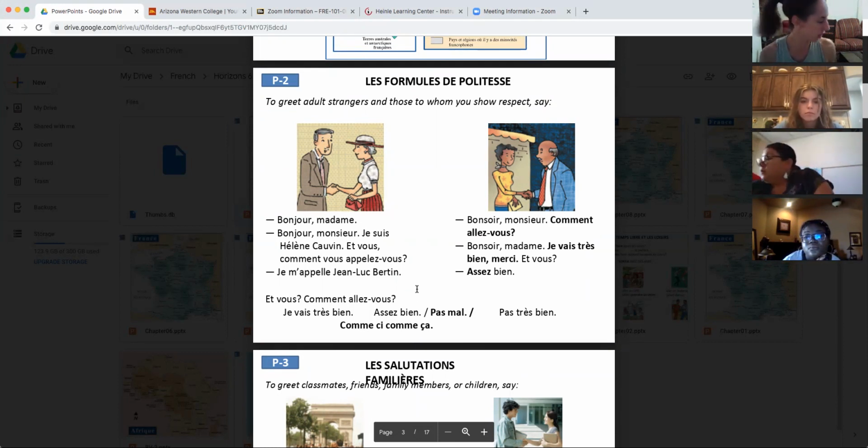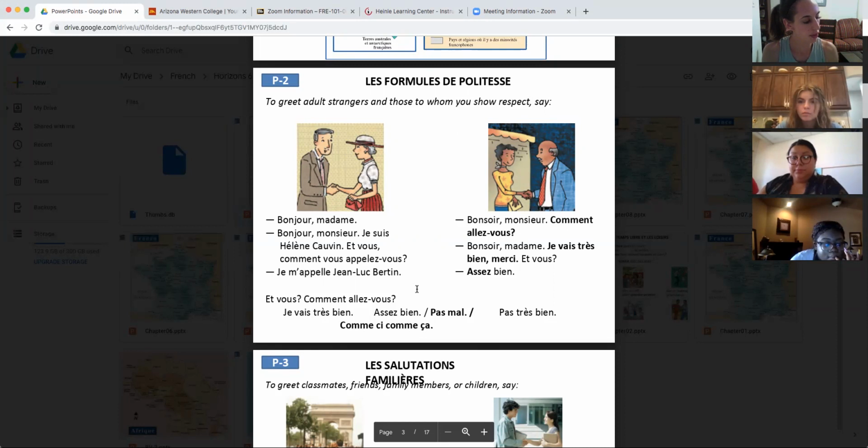The tu form is used for people in a more familiar setting, people of your age, people that you already know. It's considered your familiar form. Then we have our vous form, and that is for more formal.